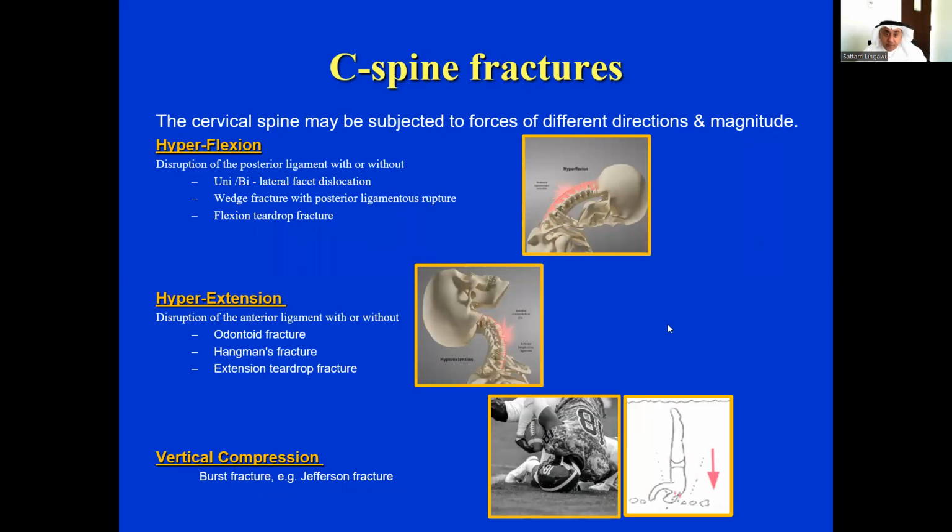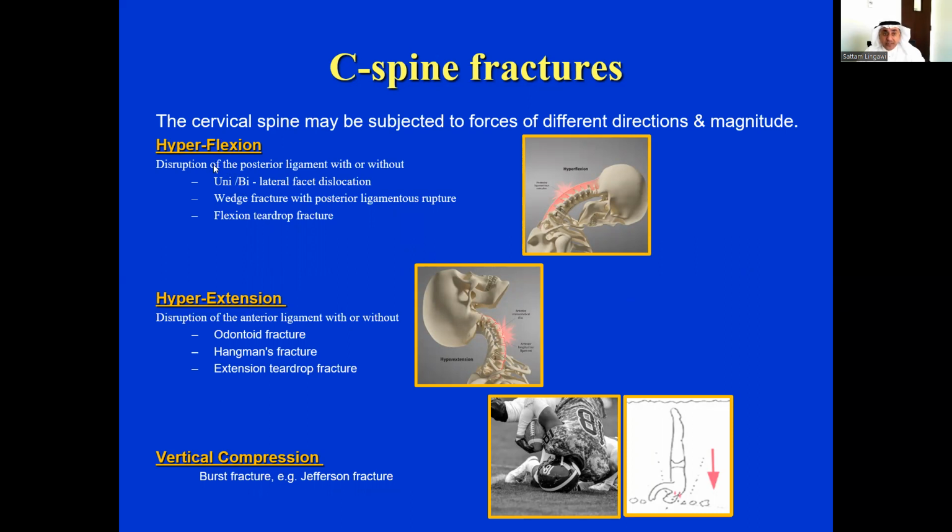So, now we're going to talk about how we classify and approach cervical spine fractures. The mechanism in general is either due to a hyperflexion or a hyperextension or a vertical loading injury.